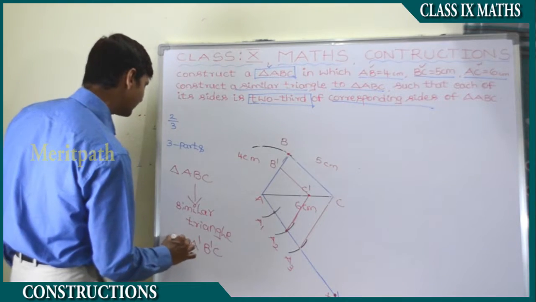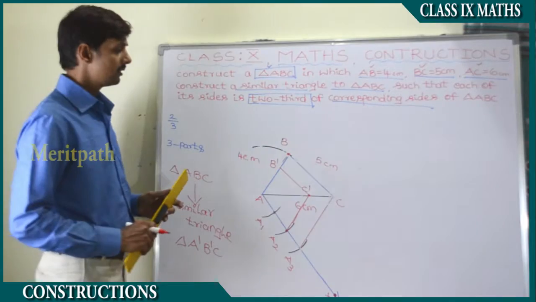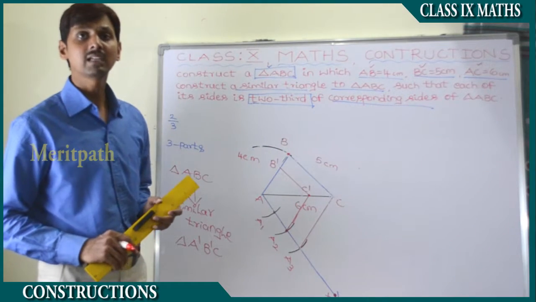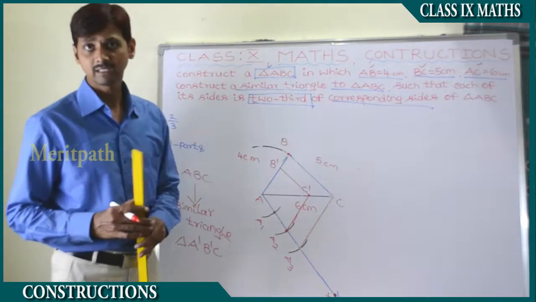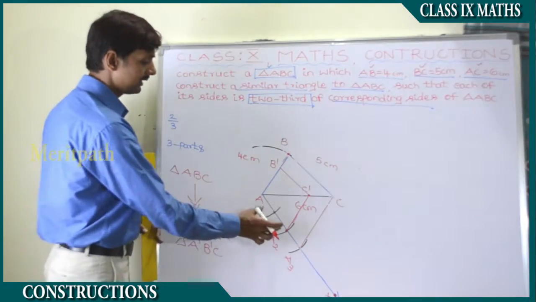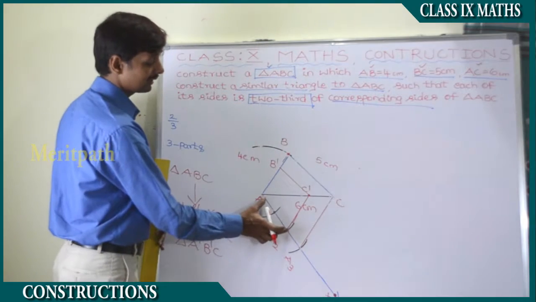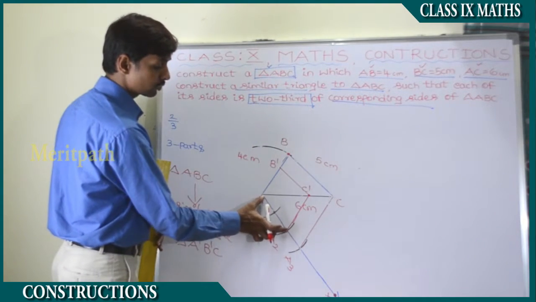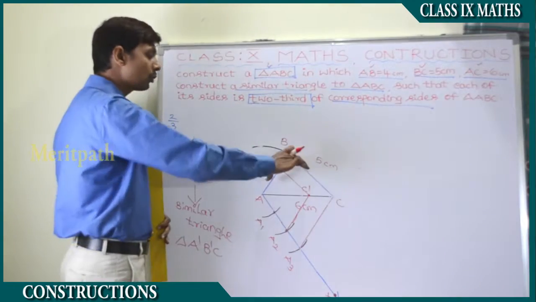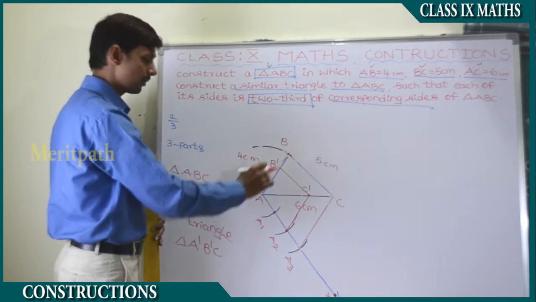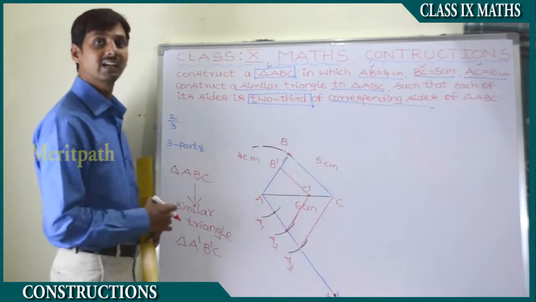So A, B dash, C dash is the required triangle which is similar to triangle ABC, where its corresponding sides are 2/3 of it. Here we can observe first, second, third, and out of 3, 2 parts, 2/3 parts these are. So ABC is a triangle and A B dash C dash is the required triangle.